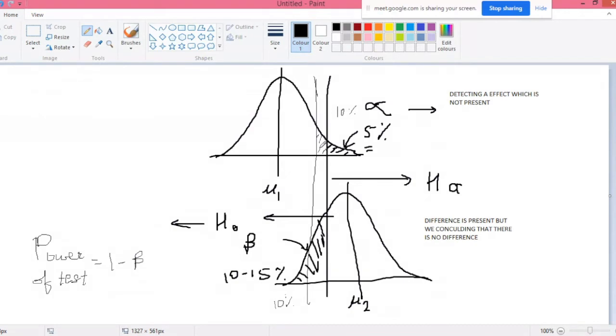See, in statistics, 5% is the significance level. Why is such a low significance level decided? Because we are working on the samples.